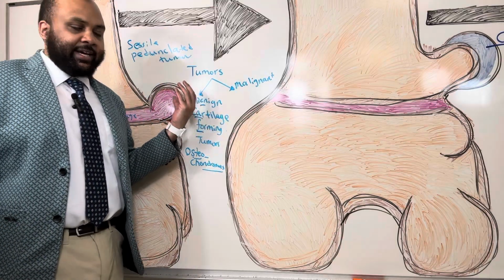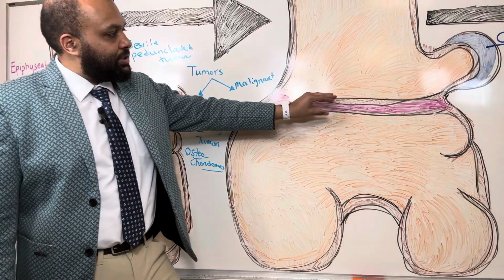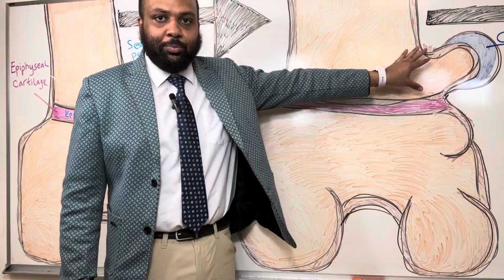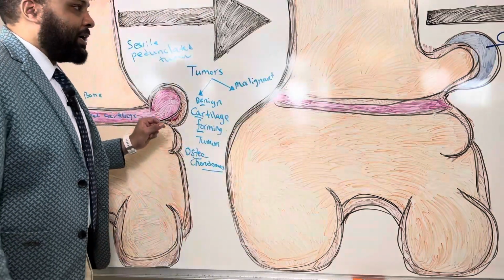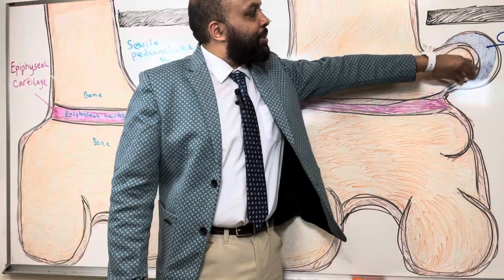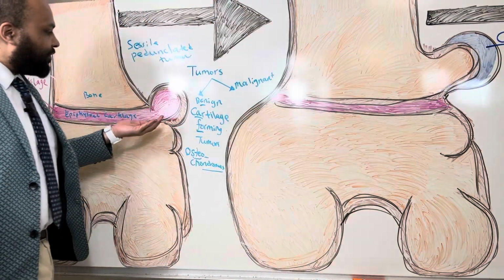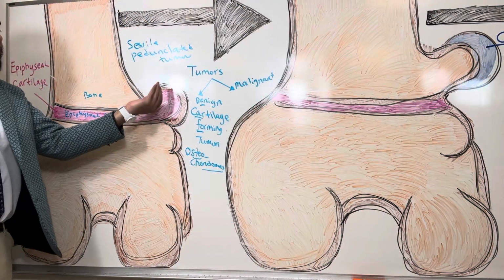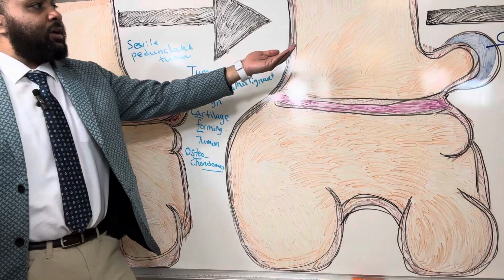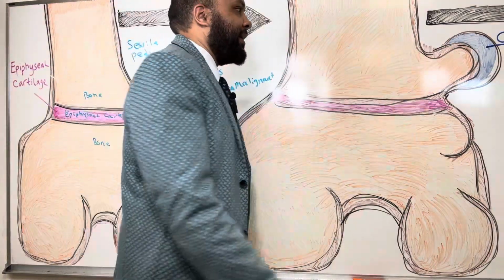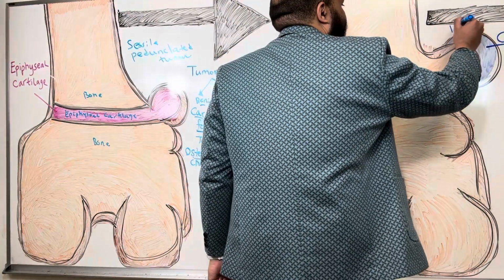Then, what's the next step? The tumor bulges out and attaches to the bone, and now there is this blue cap. What is this blue cap? In the first step, we just had an extension. But here we have a hyaline cartilage cap. Hyaline means glass-like.